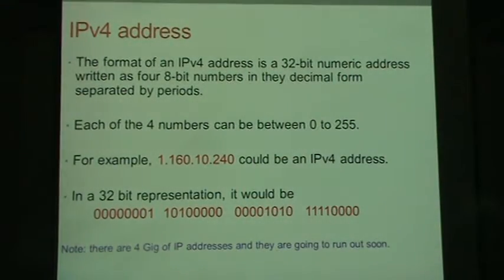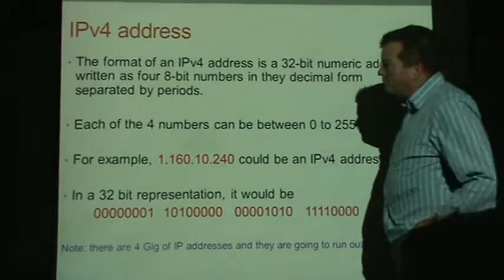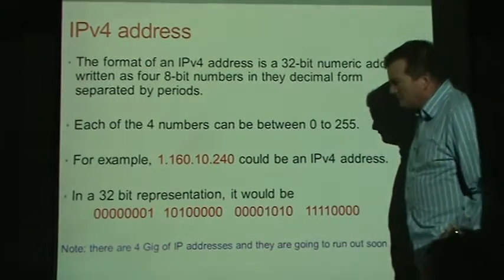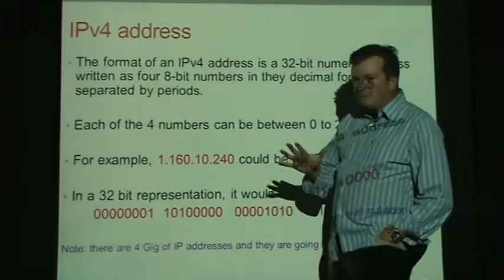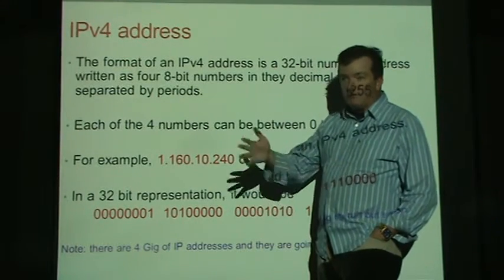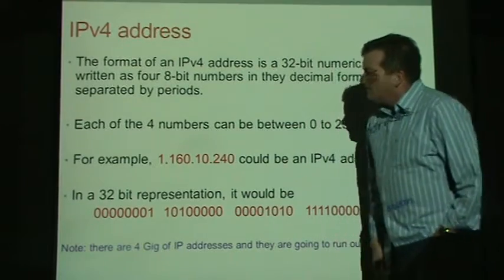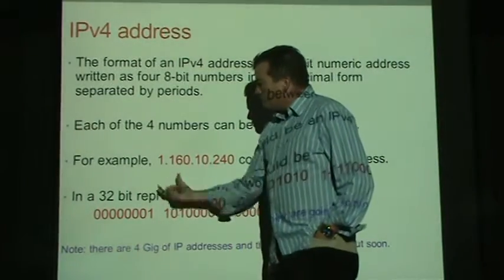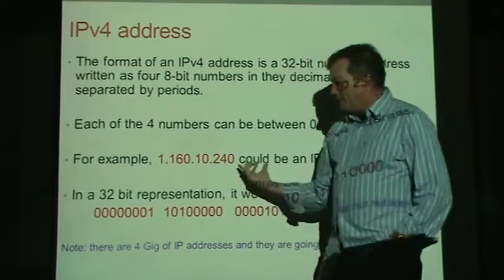Okay, so the format for an IPv4 address, like I say, is 32 bits. With 8 bits, you can represent a binary number between 0 and 255. So we're going to take the 32 bits and break them up into 4 8-bit numbers.